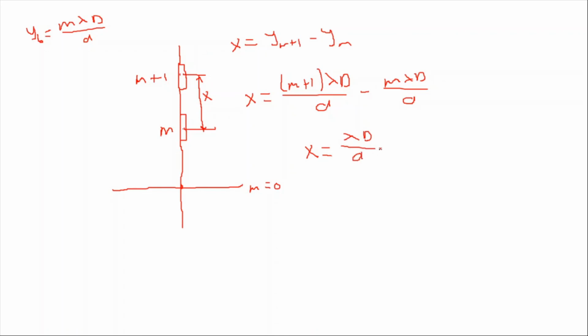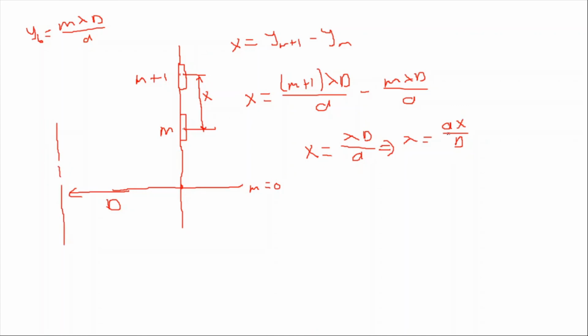And if you rearrange this formula, we can write that the wavelength of the light can be calculated by a x over d. A is the slit separation, x is the fringe separation, and d is the distance between the slits and the screen.